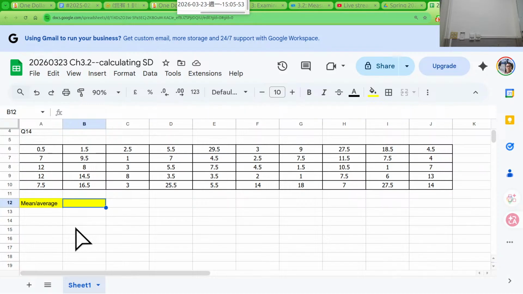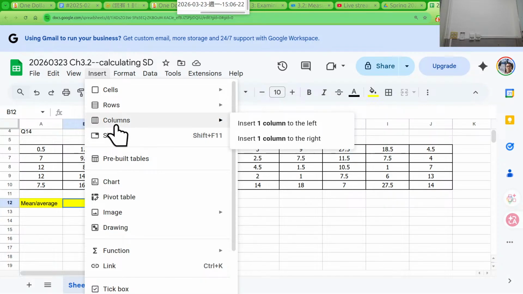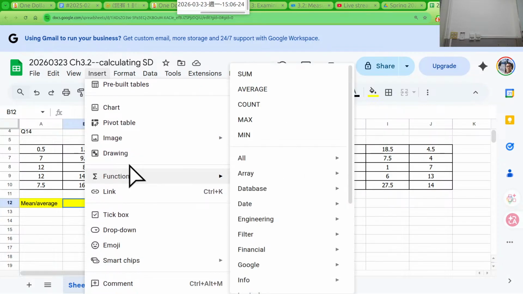The value here is just after the computer's calculation, and I type mean, it says the next value will be mean or average. Click here, it becomes the blue frame, then move here, click here, and you can select insert function.